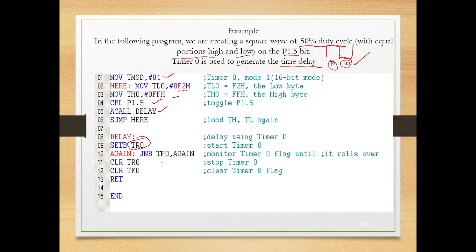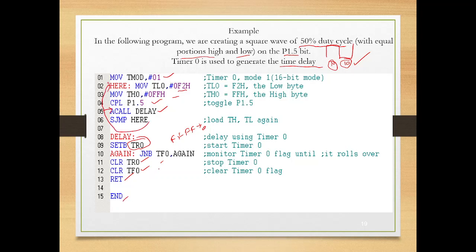If the flag is not set, it will keep executing the same instruction. If the flag is set, I already told you the condition: whenever the rollover occurs from the high value to 0, then it will be 0. At that time clear TR0, clear TF0 and then return. It returns to the ACALL. Like this, the jump here makes the loop continuous, and then the program ends.